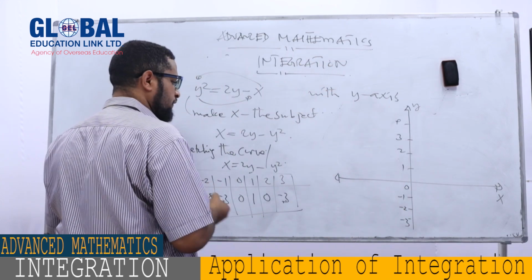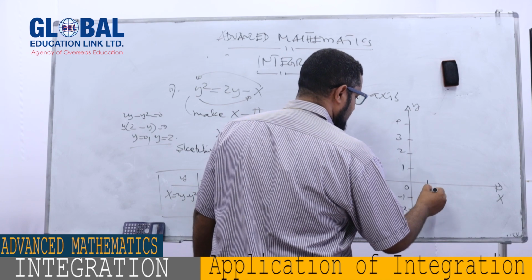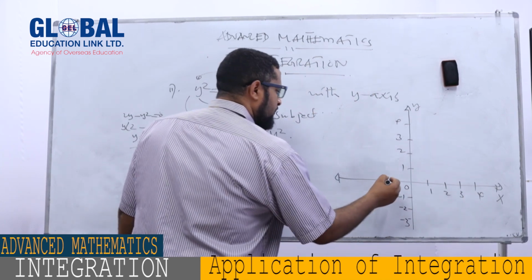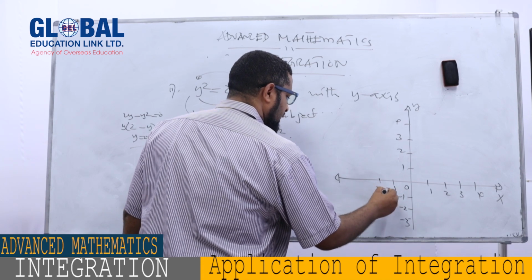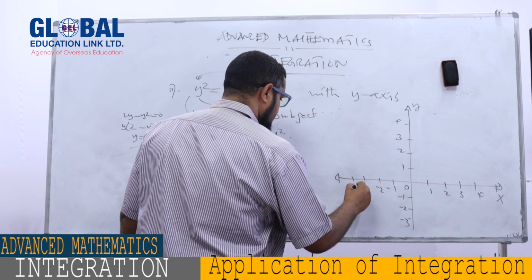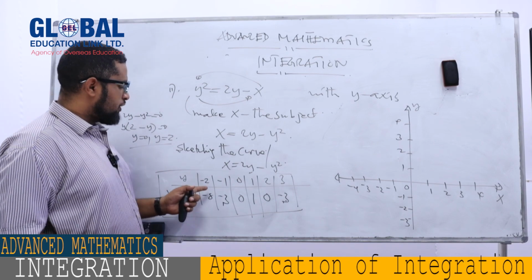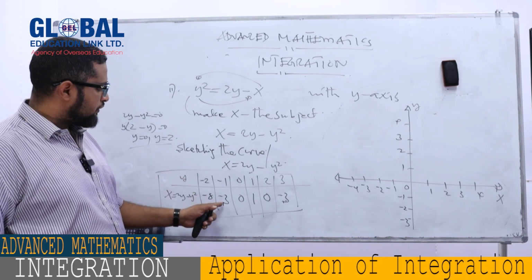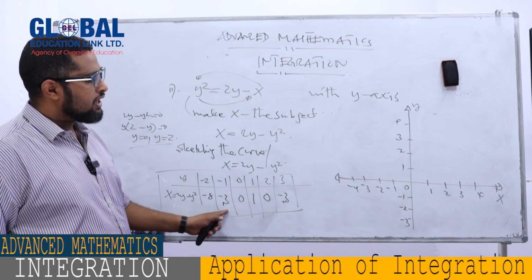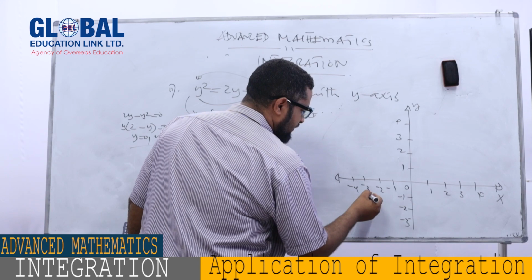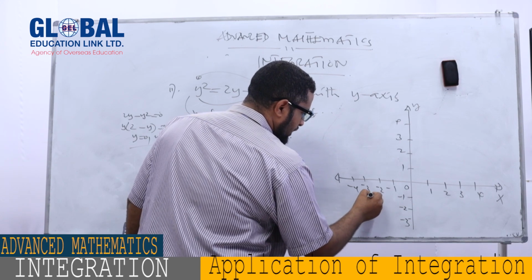In the case of x, we have negative and positive numbers again, 1, 2, 3, 4, and negative 1, negative 2, negative 3, negative 4, and so on. So we start with when y is equal to negative 1, our x is negative 3. So we have that point.